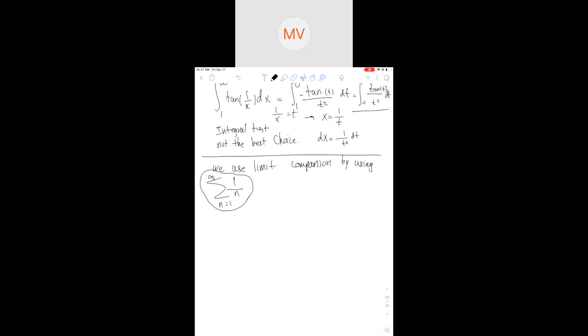So we use this series, sum of 1 over n, for limit comparison, and we find the following limit.